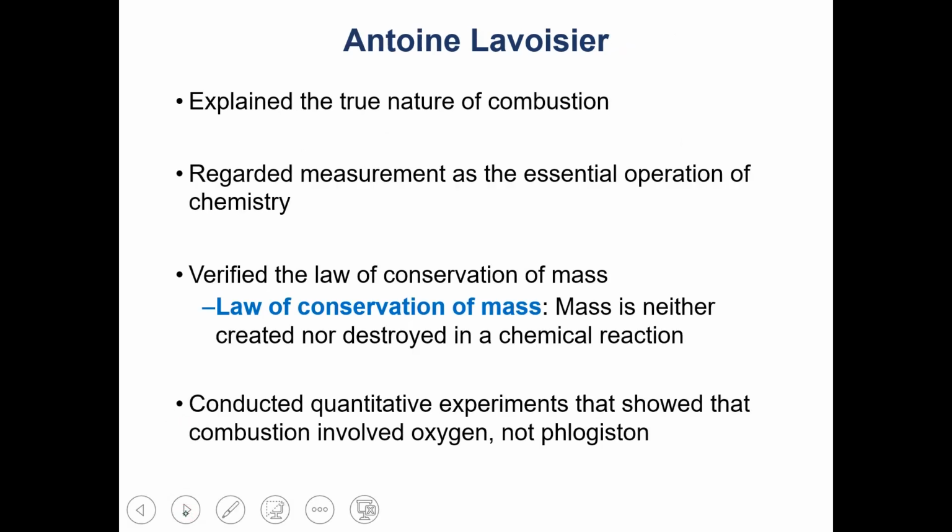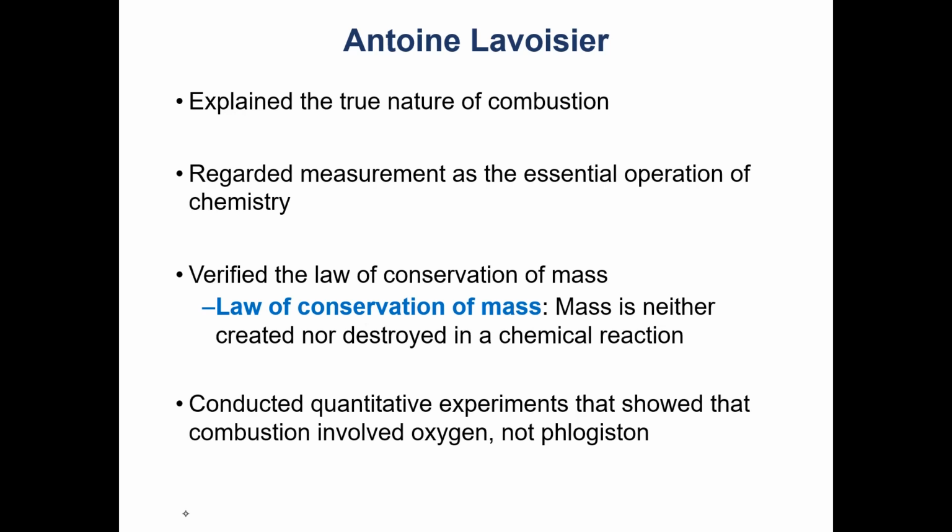But if we skip ahead about 2,000 years, we come to Antoine Lavoisier. And around this point, we start making some progress in the field of chemistry. Antoine Lavoisier was the one who explained the true nature of combustion. Up until that point, people thought that combustion involved some mysterious substance called phlogiston.